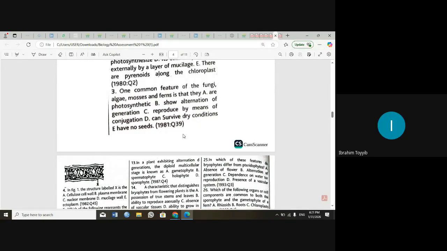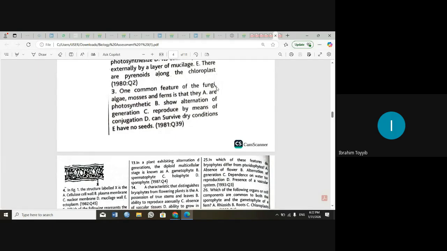I think this will be our last. Produced by means of conjugation? Are mosses and ferns reproducing by conjugation? No. So the answer is that they have no seeds.